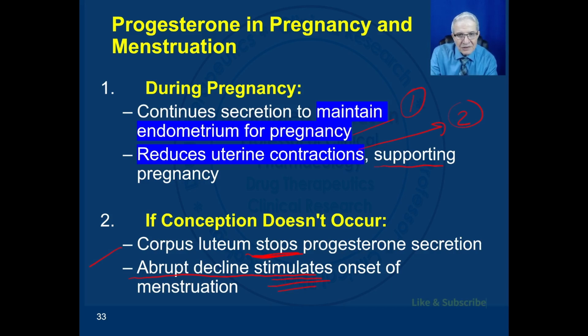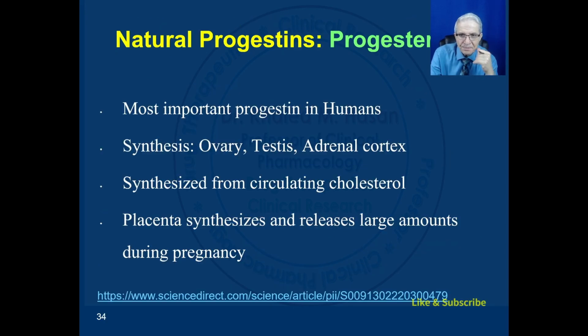If we have pregnancy, progesterone will continue to be produced from the placenta to maintain the endometrium and reduce contraction. But if we don't have pregnancy, the corpus luteum will stop producing progesterone, and the abrupt decline will stimulate the onset of menstruation.